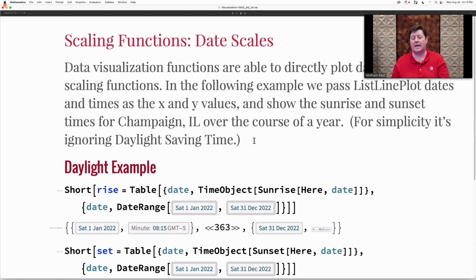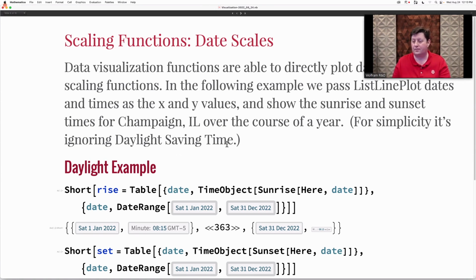But wanting to add support for data with dates in it, again, we don't want date list plot 3D and date contour plot or whatever. So scaling functions is the best place to add that parameterization and allow that type of functionality.